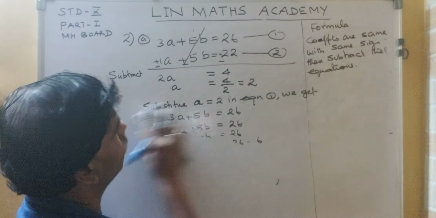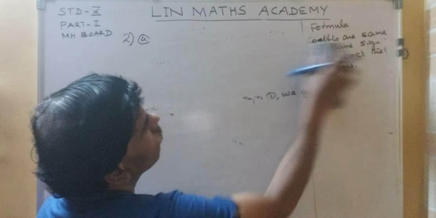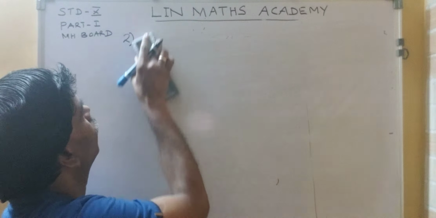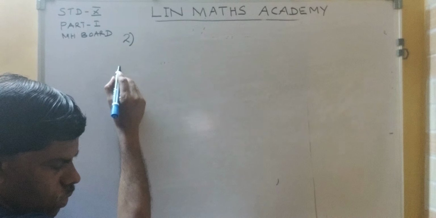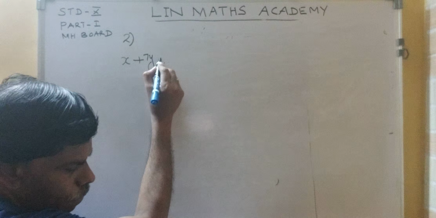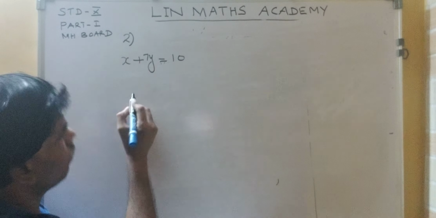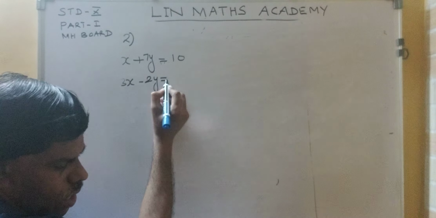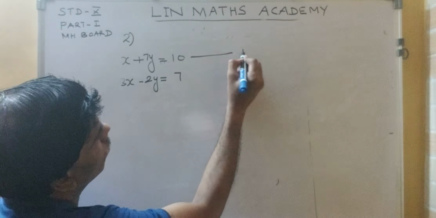Now another one. Next one we will see. Solve x plus 7y is equal to 10, 3x minus 2y is equal to 7.